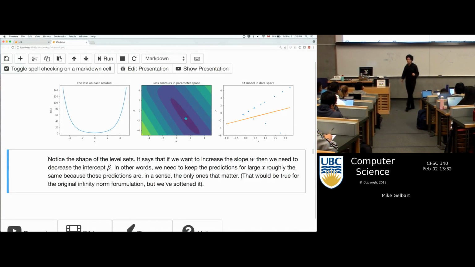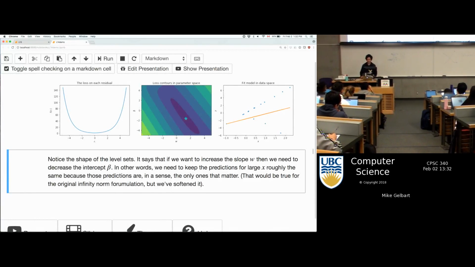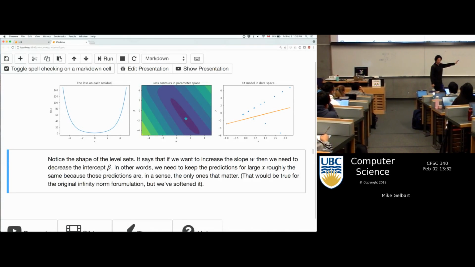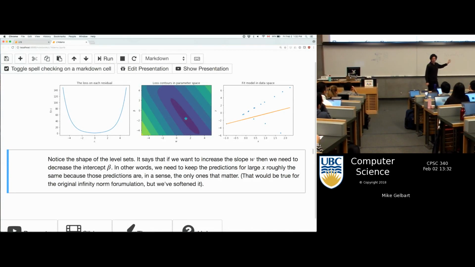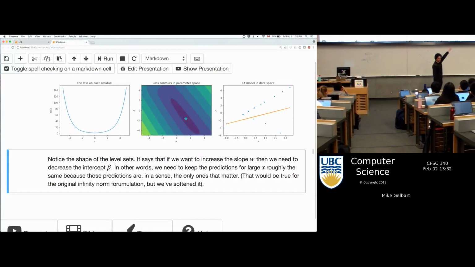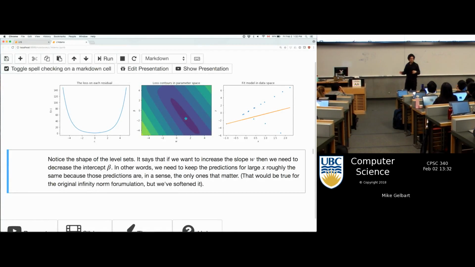And what's very interesting is look at the middle curve. Look at the parameter space. See that curved contour or curved level set? The intuition there is if I make W a little bigger, I want to also make the intercept beta a little bit smaller. And just think about what that means now, going, as I was saying, from the data space to the parameter space. That means if I want to make the slope a bit bigger, I better move the whole thing down so that my predictions far on the right kind of stay the same, because I actually only care about my predictions far on the right.